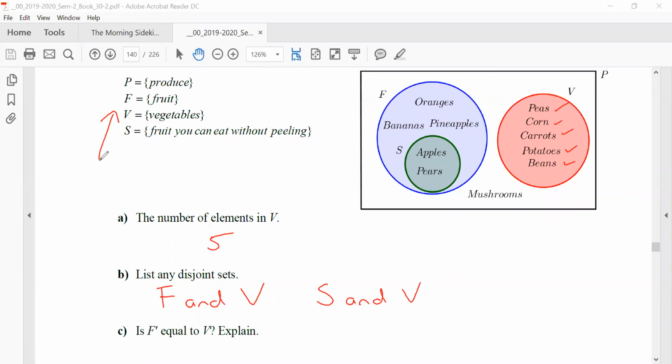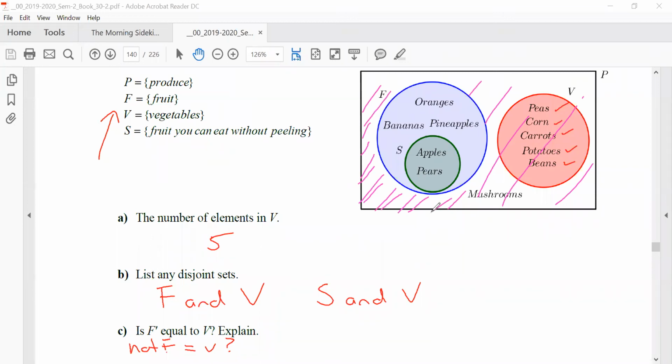Okay, is F prime, not F, equal to V? Well, if I'm not F, it's everything outside. Not F is everything on the outside of F. I'm going to shade that like that. It's everything on the outside.